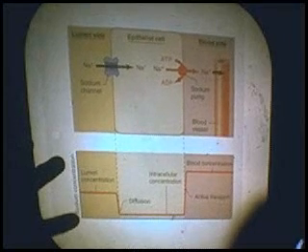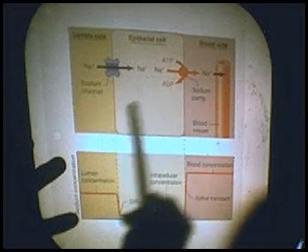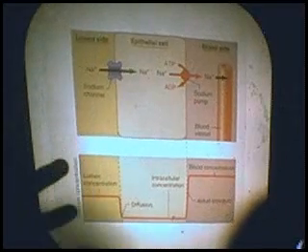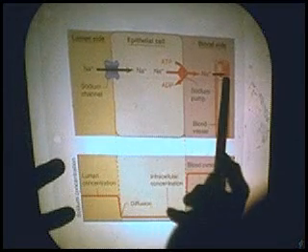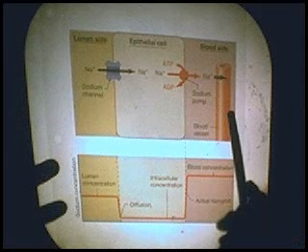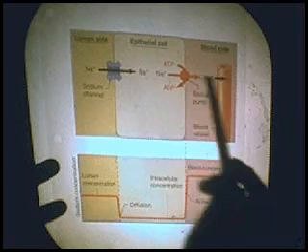Here's an example. Active transport of sodium across an epithelial cell. So we have a pump here. It's an ATPase, and it's pumping sodium out of the cell on the serosal side near the blood vessels. Active transport.